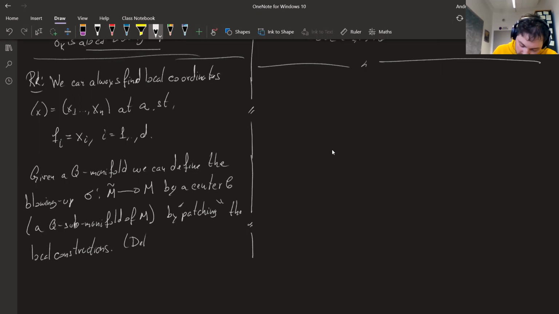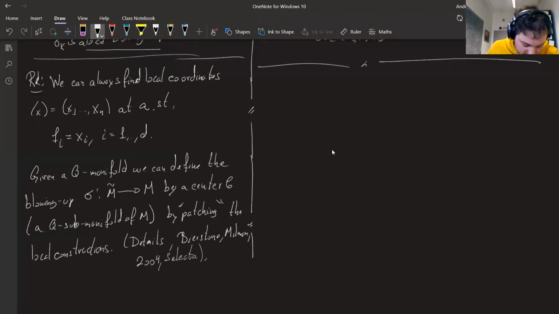So if you want to see the details, you can find the paper of Bierstone-Milman, 2004. Maybe I should put at least the journal, because there is more than one paper here.